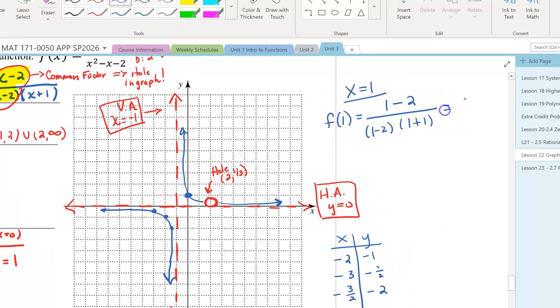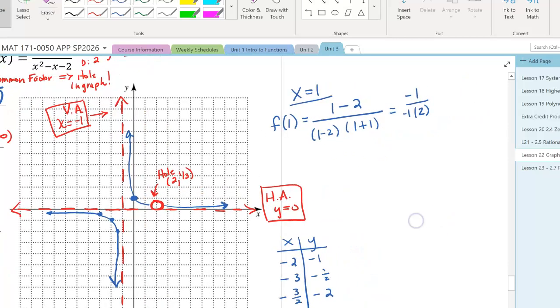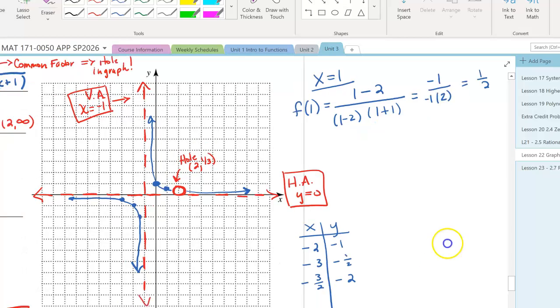So that's going to give me -1 over -1 times 2, which would give me a positive 1/2. And there's that point right there, 1, 1/2. You could pick points out here to help justify it coming closer and closer to the x-axis. And that's the graph.